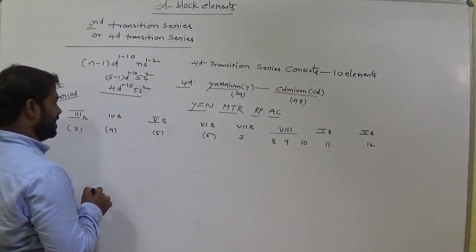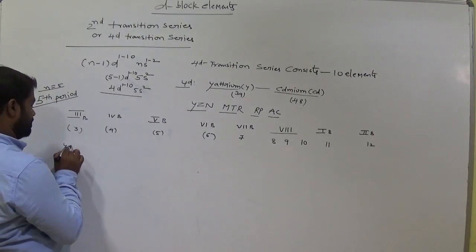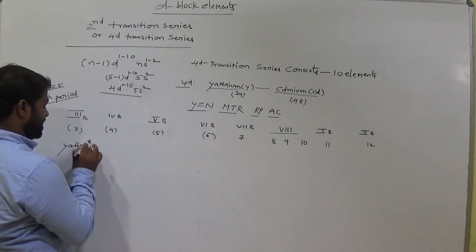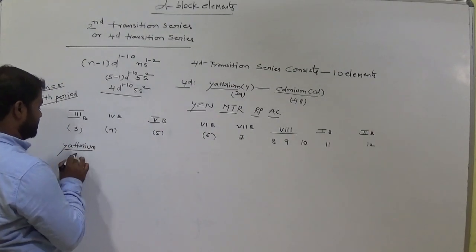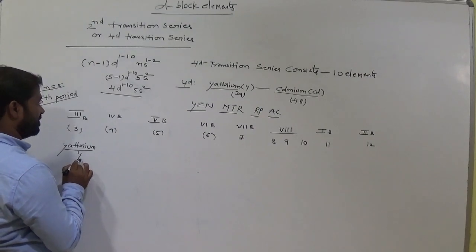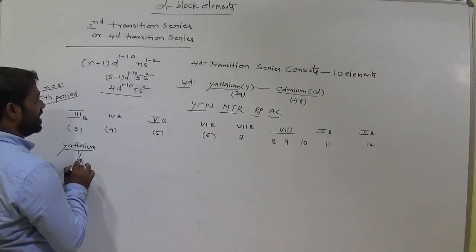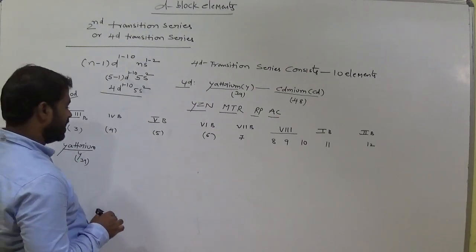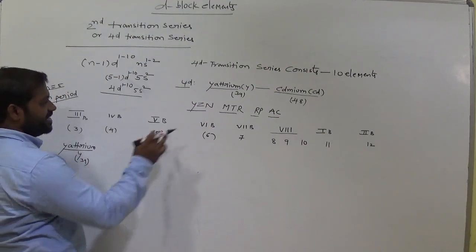Y means yttrium. Its symbol is Y, and its atomic number is clearly 39. And next after yttrium, what is it?